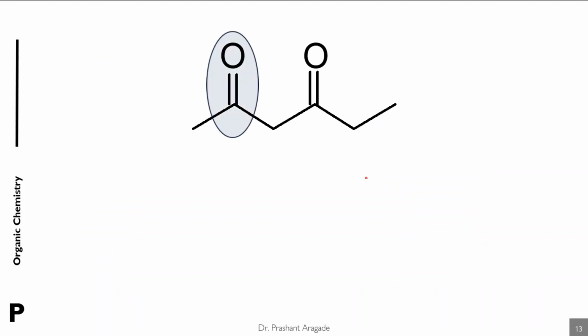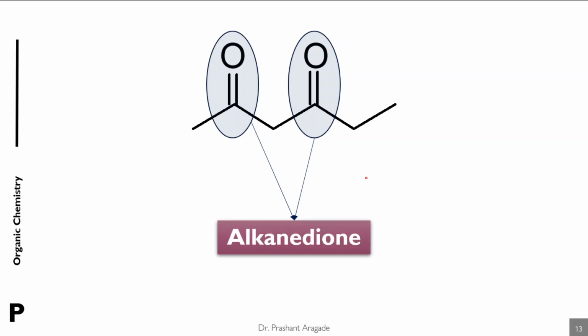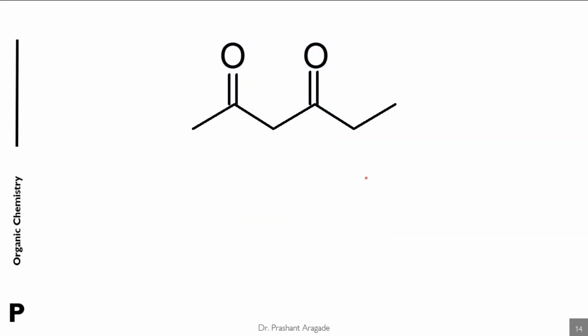So in that example, there are 2 carbonyl groups present in a molecule, that's why it is called alkane diones. So just give the number from one end in such a way that the carbonyl carbon atom must possess the lowest possible number.